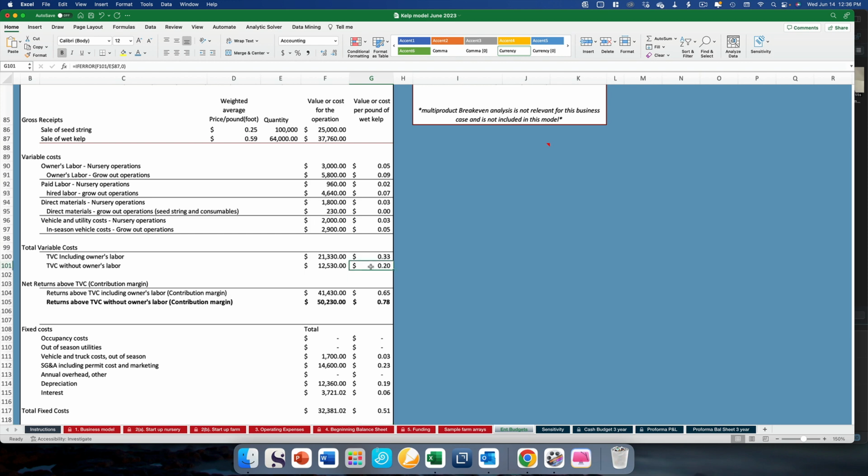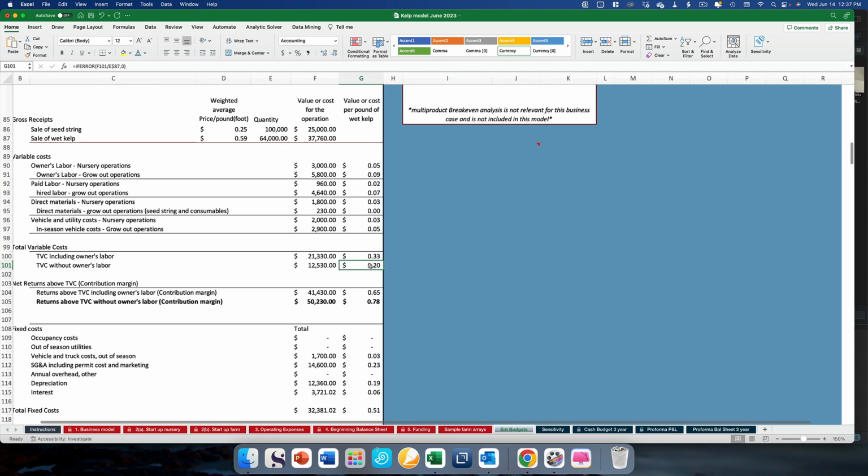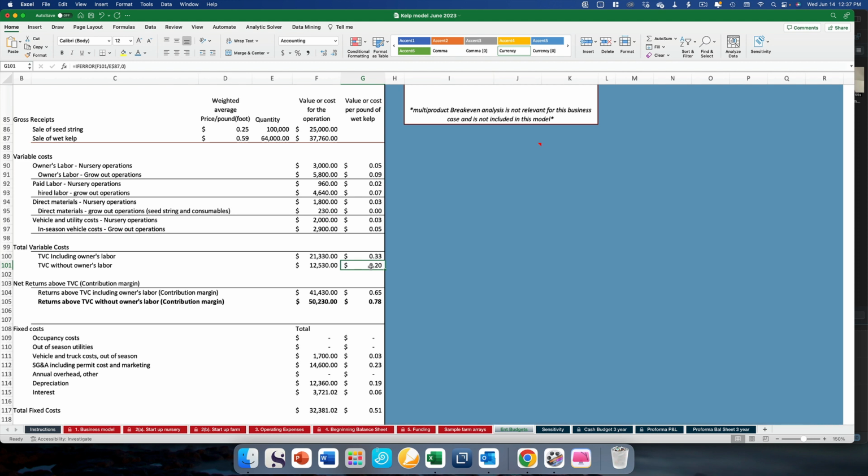It's only 20 cents per pound of kelp without the owner's labor, 33 cents with it, which gives us a nice contribution margin, again, if we're just looking at the value per pound of kelp, because our returns here include the revenue that we're getting from the seed string.